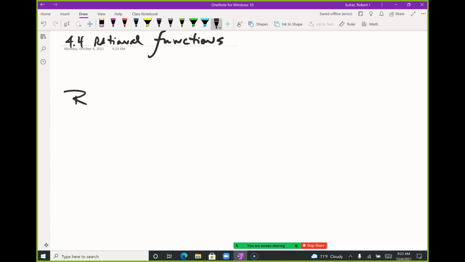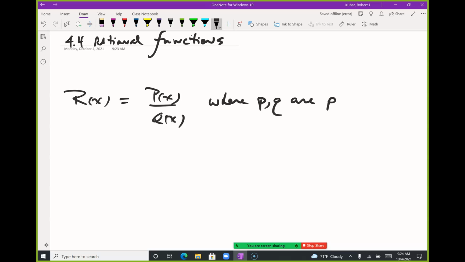The book likes to use R of x, and I like P of x over Q of x. So a rational function is a ratio of polynomials, where P and Q are polynomials. I should use capital letters there because I had capitals.